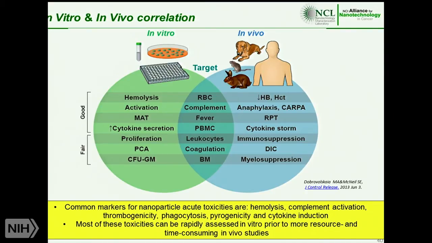We know from our work at NCL and also from the literature that the common acute toxicities for nanoparticles include hemolysis or damaging of erythrocytes, complement activation, thrombogenicity, phagocytosis, pyrogenicity, which is ability to induce fever, and cytokine induction. And luckily, most of this toxicity in vivo can also be detected using a battery of the in vitro tests.